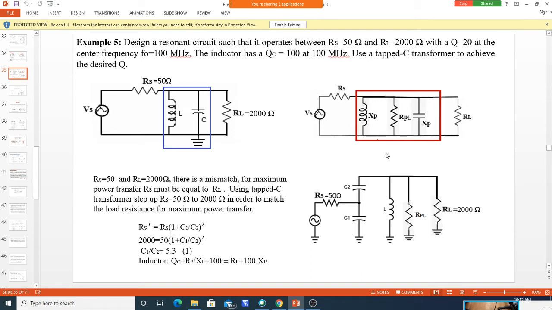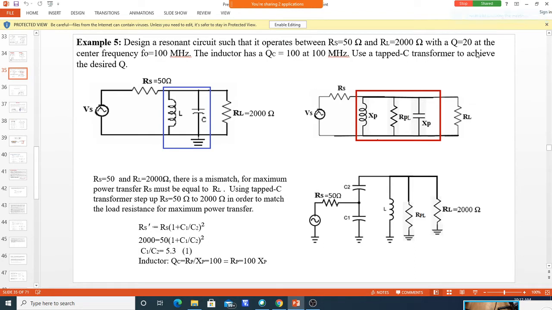Next, they asked: use a tapped C transformer to achieve the desired Q. The Q needed is 20. But if you use 50 ohm as RS and RL as 2K, you do not get a quality factor equal to 20.